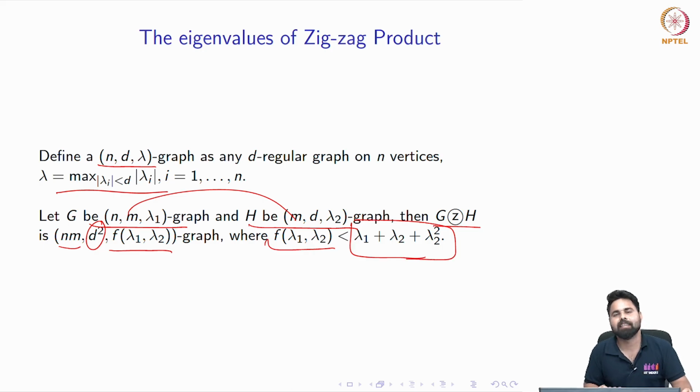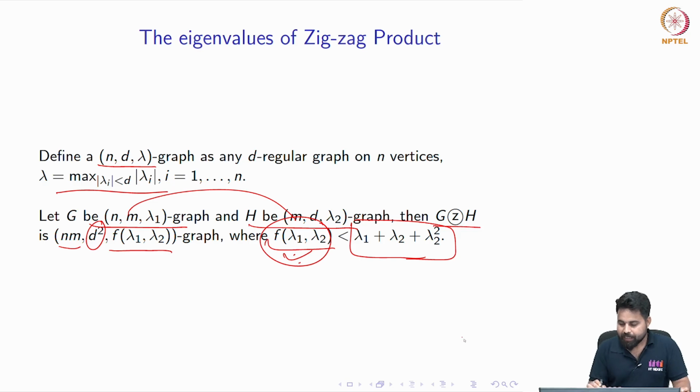This means that if lambda 2 and lambda 1 are small, this quantity will be small. In particular, suppose H is a very good expander, meaning its lambda 2 is very small. In that case this bound will also be small, and the resulting eigenvalue will also be smaller.